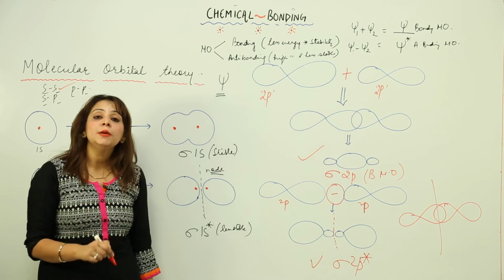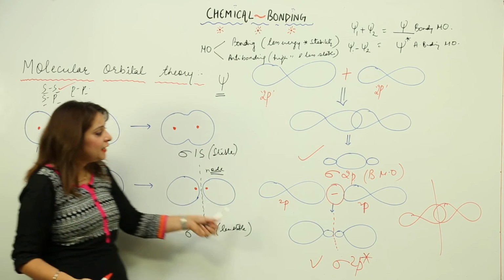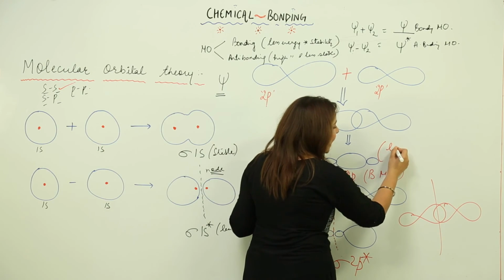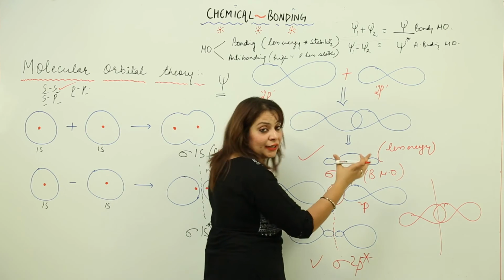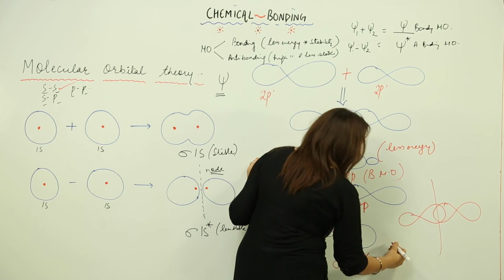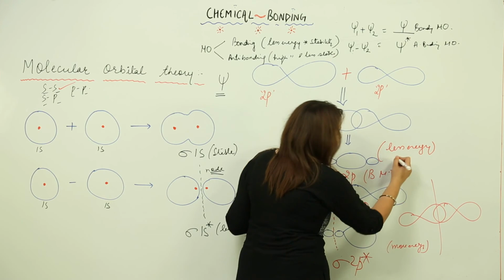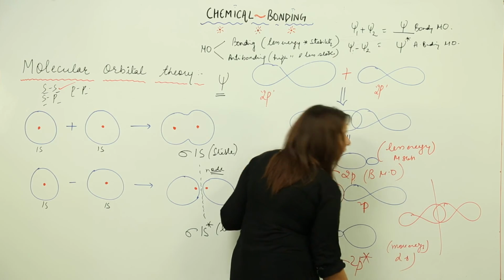Now if we talk about energies, like we did for the 1s orbitals, similarly the bonding orbital is always going to possess less energy, because it indicates an attraction, everything is just adding up. But here the energy is more. So that means more stability for bonding and less stability for anti-bonding.